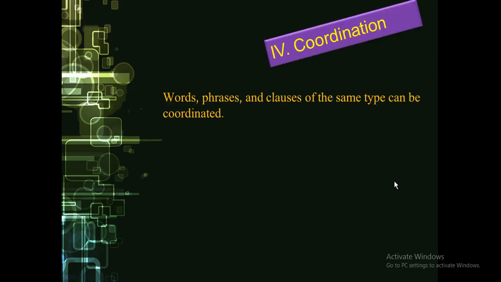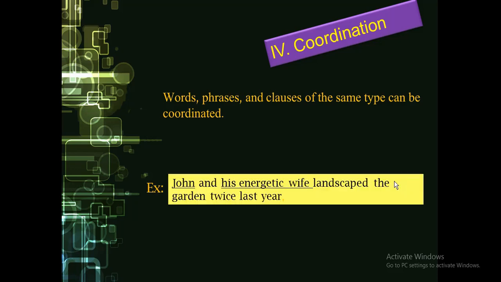Next is about coordination. Here, words, phrases, and clauses of the same type can be coordinated. What does coordinated mean? It means combined together to build one meaning, of course. For example, John and his energetic wife landscaped the garden twice last year. John and his energetic wife are the same type of phrases, alright? It is directed to one person each.